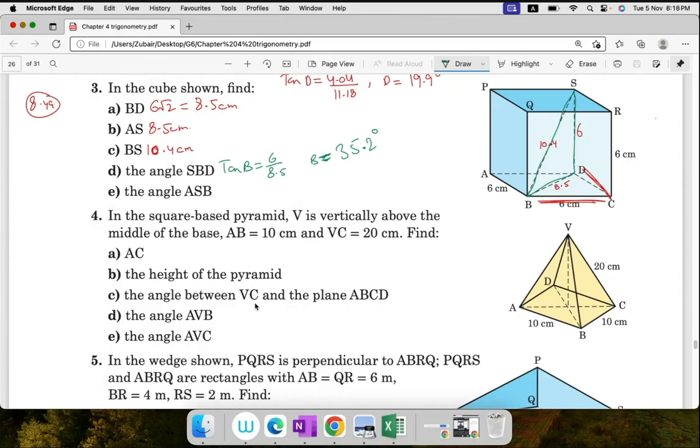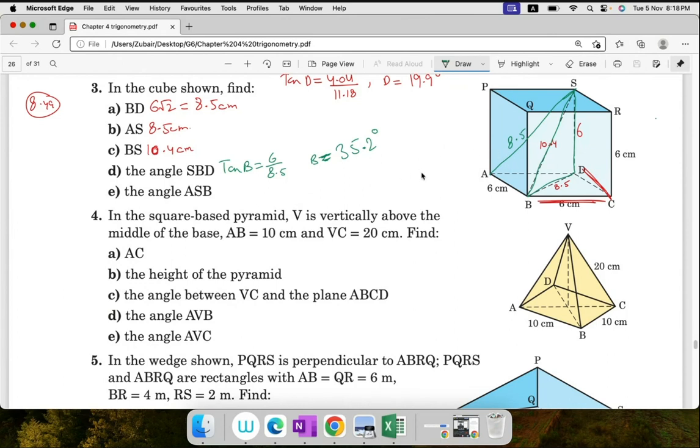Find the angle ASB. I'll just draw that for easy visualization. AS was already 8.5.